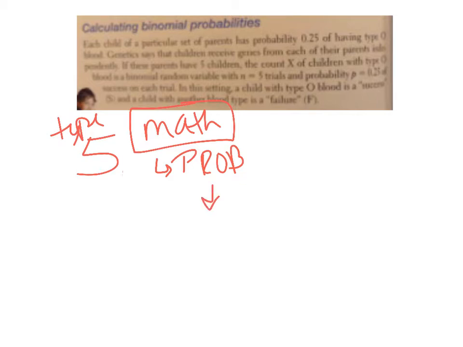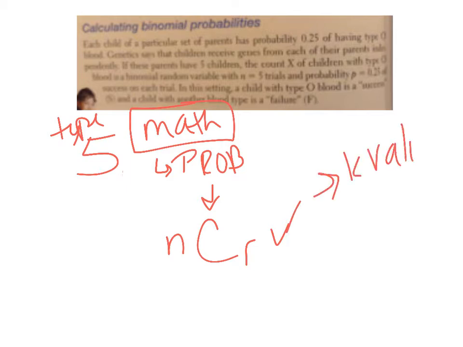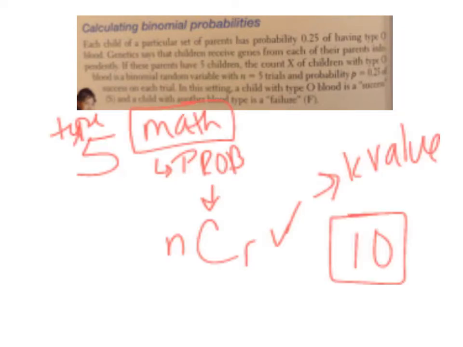You'll scroll down to nCr, and once you push nCr, you will type in your k value, and you will hit enter, and it will spit out the number 10 for you. Again, I will show you how to do this in class. We will work with your calculator if you need to. Also, in your book, it shows you pictures of that on page 392.